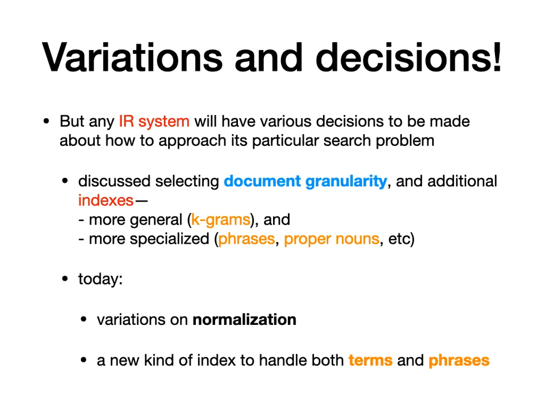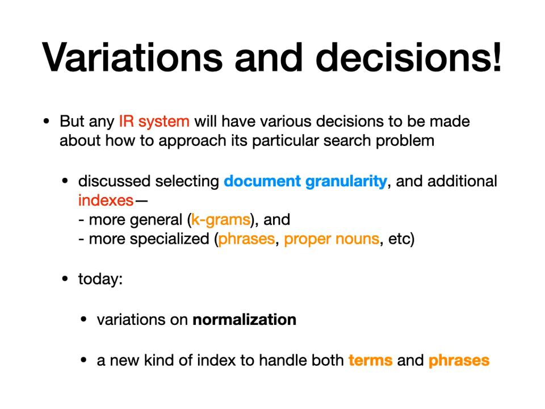But there's also a lot of variations to be made, a lot of questions to answer about your search system, right? Anyone building a search system from scratch has to make a bunch of decisions about how to approach their particular search problem. We already discussed last time the trade-offs of selecting document granularities, right? So too small, too large, all those issues.